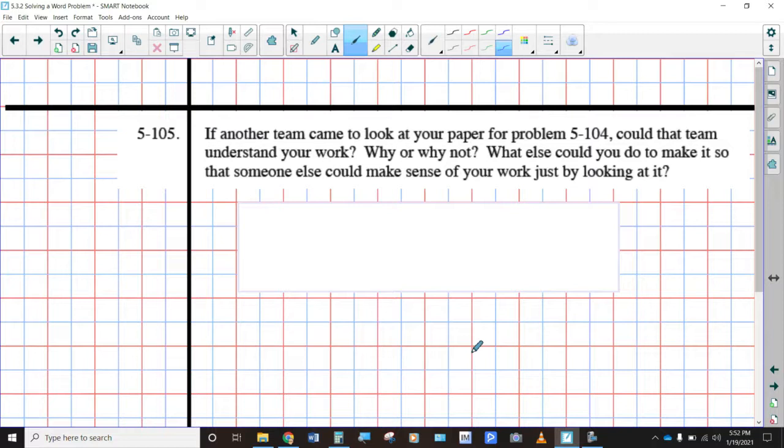And whatever work we do, we've got to make it neat and presentable so anyone else that comes and looks at it will understand what we're doing. So you need to get in the habit of doing that. So what are some things you can make sure you do when you're solving these problems that will make it easier for anybody else who looks at your work to understand what you're doing and be able to help you, okay?